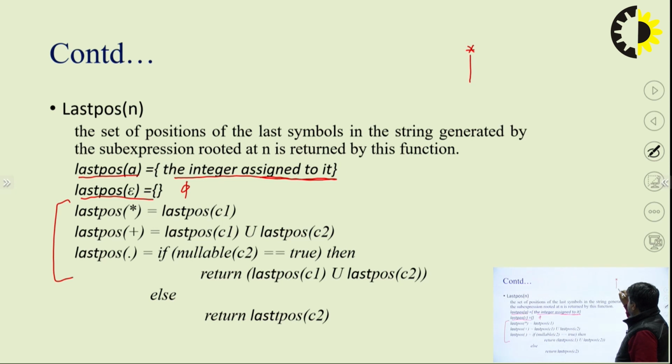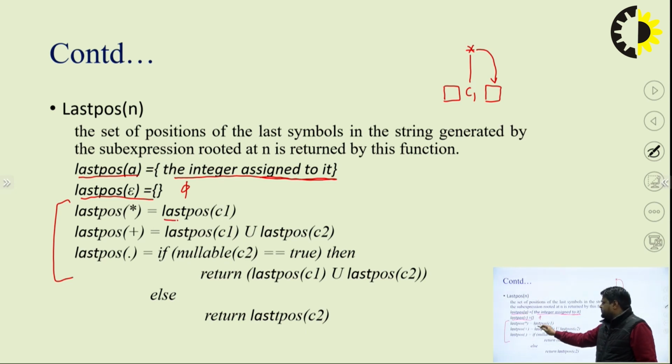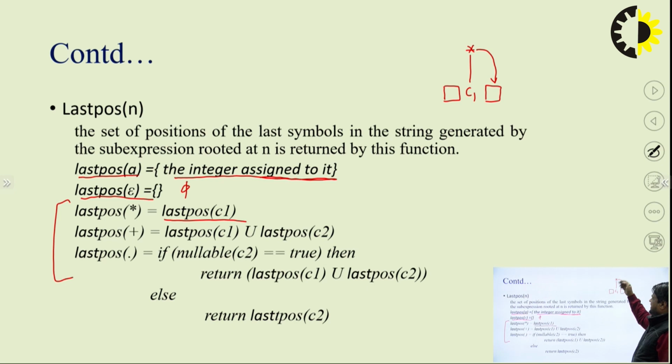Last position of star, suppose this one, will be dependent on if it is the first position and it is the last position. So this star's last position will be dependent on this one, right or not right? So it is dependent on the last position of C1, right or not right? Yes, because it will alternatively iterate the same term.